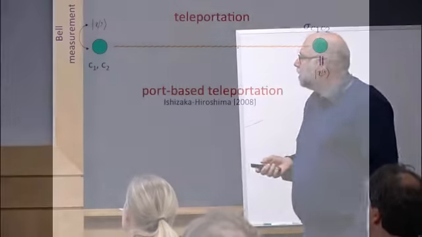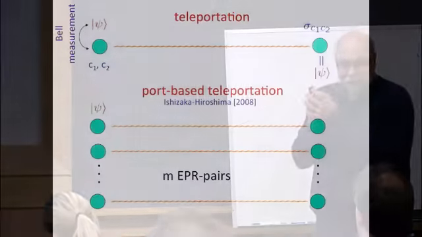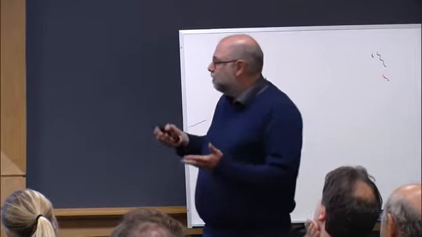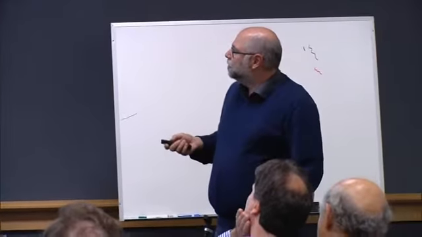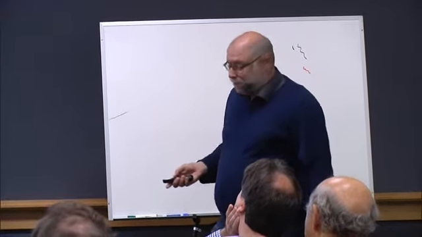Now, port-based teleportation is a Japanese invention. I'm not going to pronounce these names, but the task is exactly the same. So again, you want to move over psi to the other side, and you have EPR pairs at your disposal to do that. But unlike normal teleportation, you have many EPR pairs now.